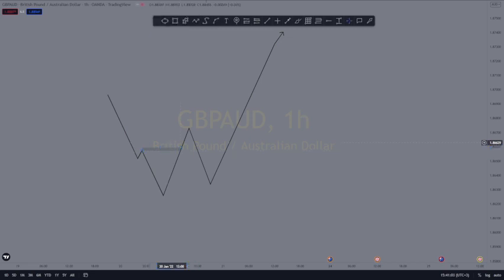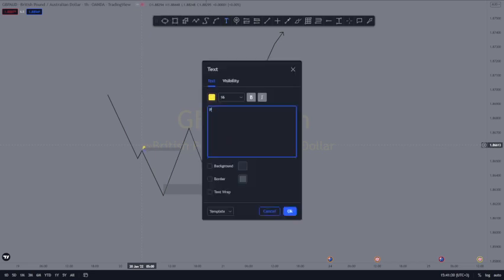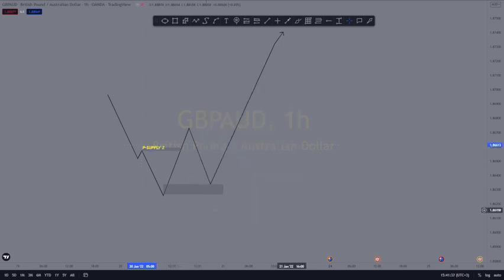Once it's consumed, you wait for the return to the demand zone that pushed the price up, the demand zone that pushed the price to break the previous supply. These are our previous supply zones.